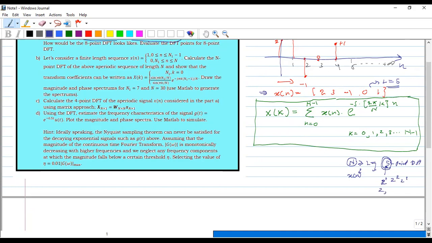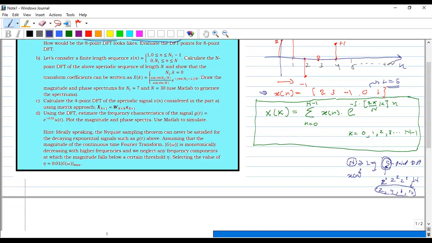That means 2, 4, 8, 16. We mainly focus on this kind of number of points, which should be a power of 2, and it will be easy to calculate. That is the reason.